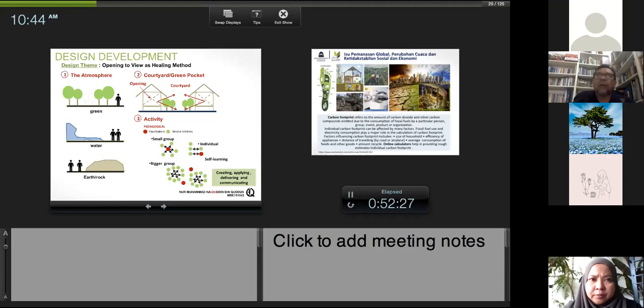In your case, you have this amphitheater. When you have your building there, you transform the amphitheater to become an outdoor activity. So it needs to be not just a focus on your building, but at the same time, when you design, you must also consider the surrounding.